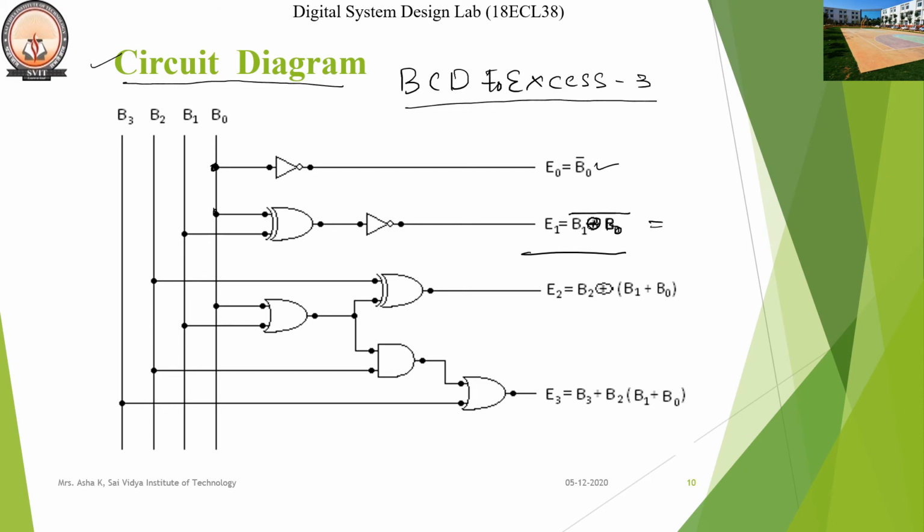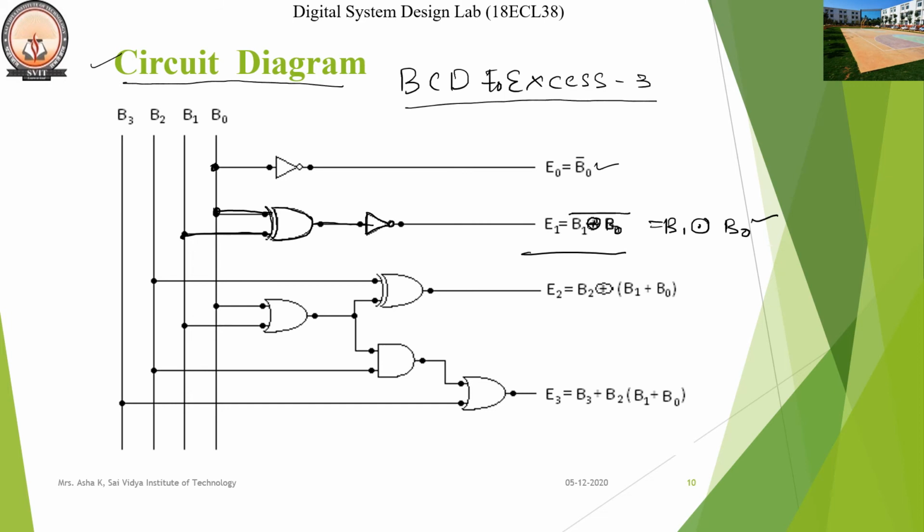First consider the B0 bit and next the B1 bit, write the XOR gate, then in front of the XOR gate, one NOT gate gives us the XNOR operation of B1 with B0.